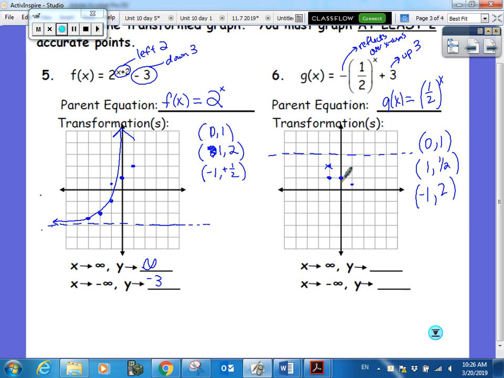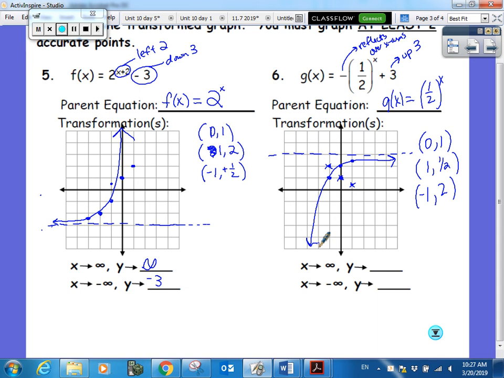And then if I reflect over and move up 1, 2, 3, there's that point. And I'm at a half. So I reflect over to negative 1/2, and then I'm back up 1, 2, 3. And that was that point. So here's what that graph looks like.